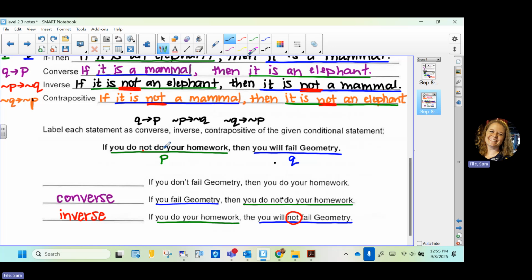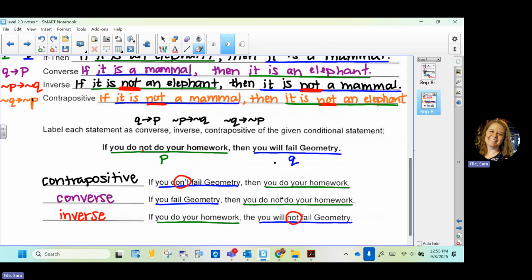So you do. So if you don't fail geometry, then you did your homework. Then you do your homework. So that is the contrapositive. Failing geometry is first, and it's negated. It's the opposite of the original statement.